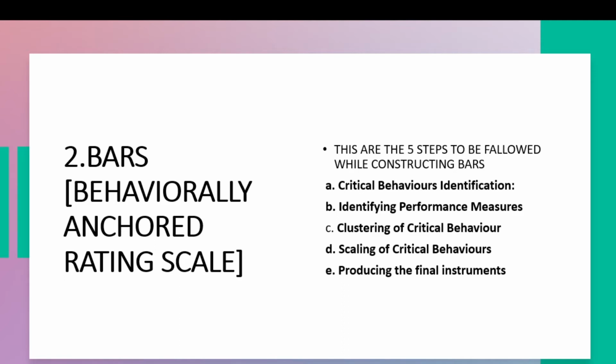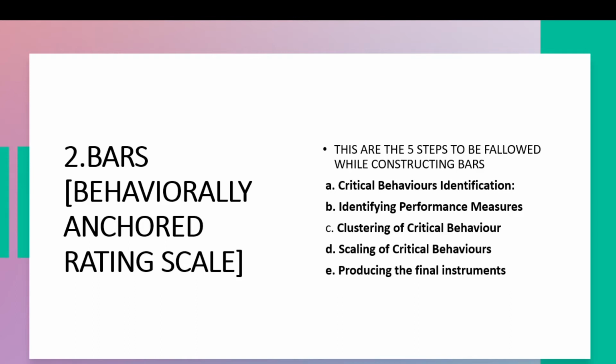This method of performance appraisal involves the following steps. Critical behaviors identification. Critical behaviors which are essential for the effective performance of the job, and relative to various critical incidents of the job, are identified in this step. Identifying performance measures. The supervisor, job holders, and HR personnel jointly identify the performance measures.